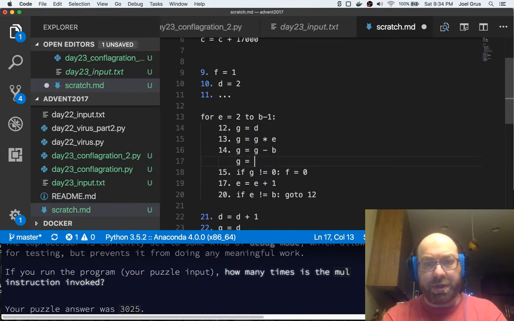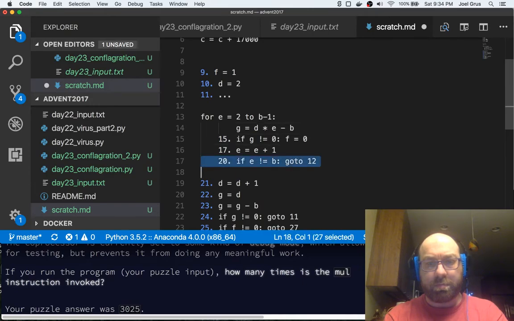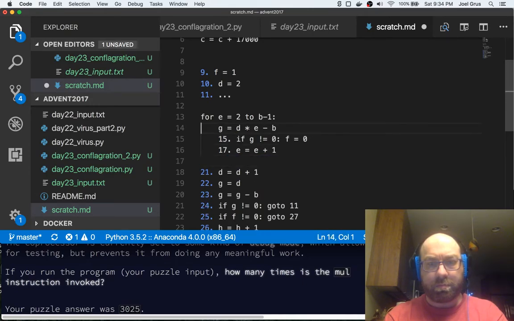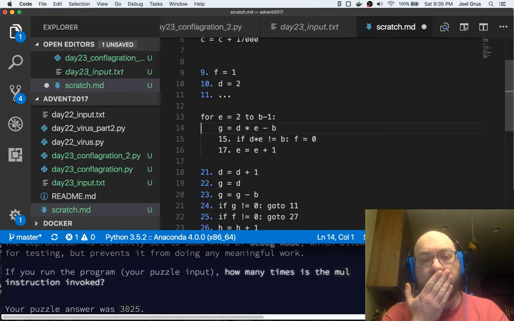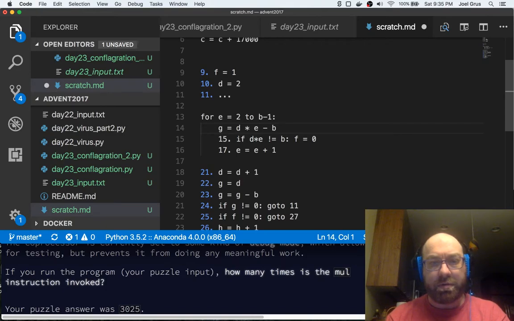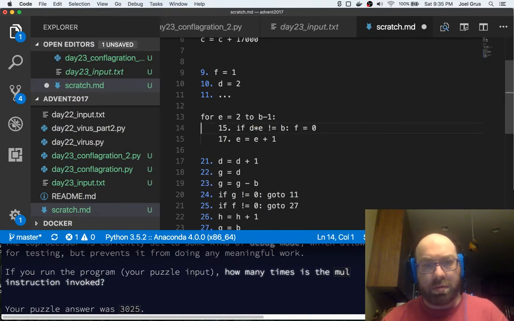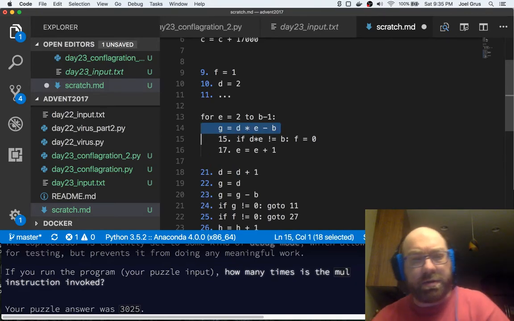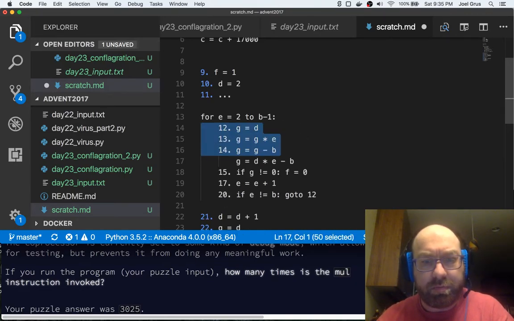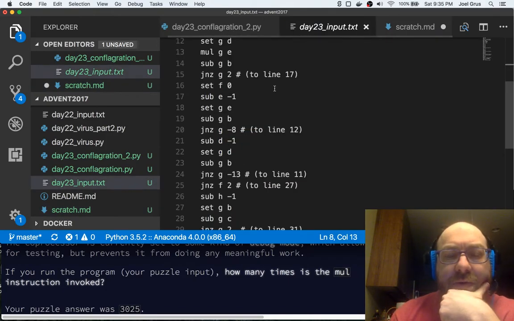And these are just G equals D times E minus B. If G is not equal to 0, F equals 0. So that's if D times E is not equal to B, F equals 0. And that feels wrong. Did I get that one wrong?